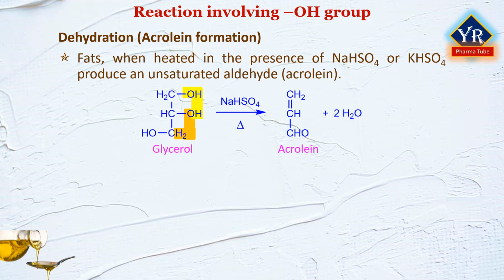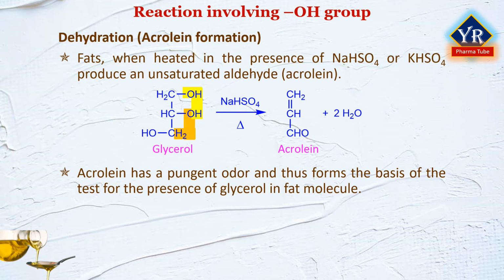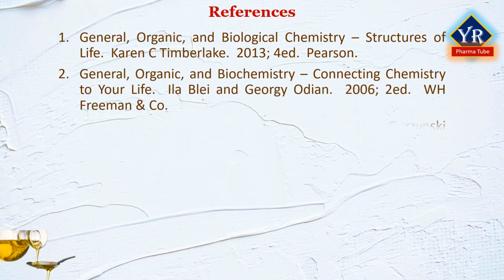On reaction with sodium hydrogen sulfate, glycerol loses two molecules of water to produce acrolein. Acrolein is easily recognized by its pungent odor and thus forms the basis of the test for the presence of glycerol in a fat molecule.